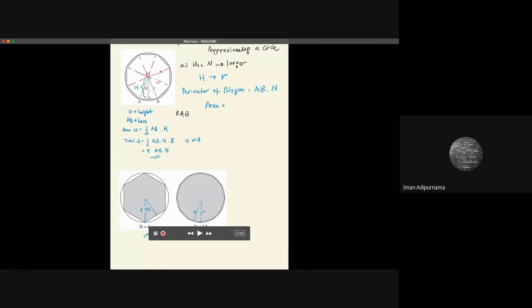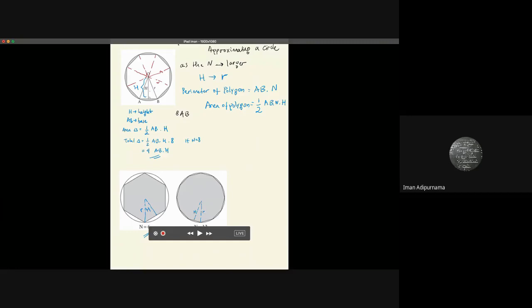And the area of the polygon, I will write here. It's the same as the left one. It's half the perimeter of the polygon, ABN, and h, right? It's the same as the total of the triangles.